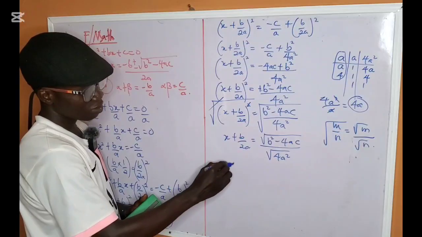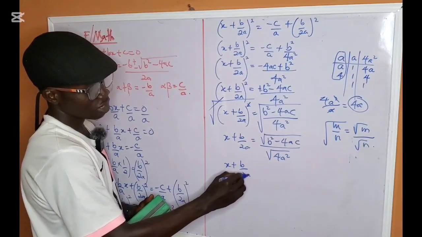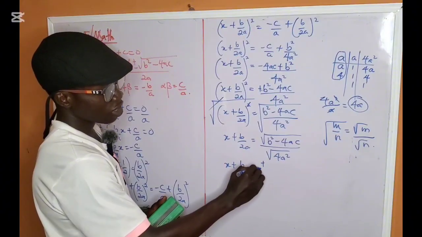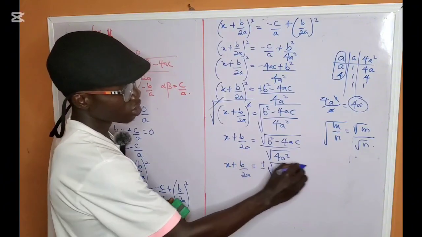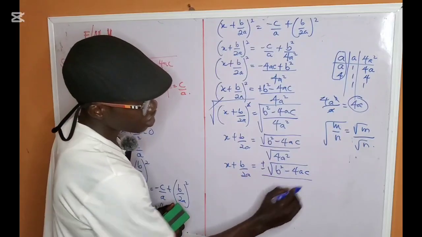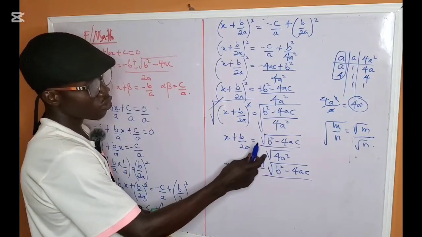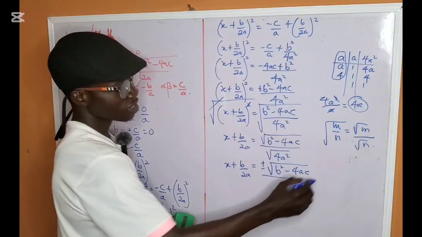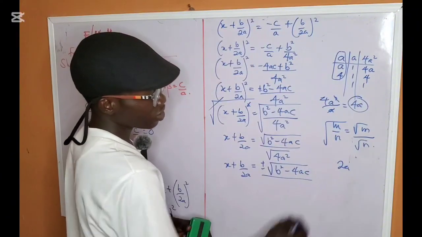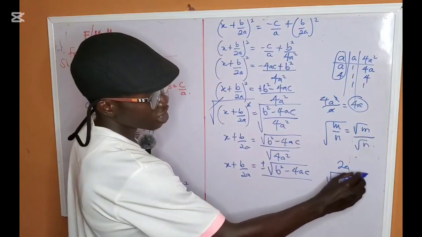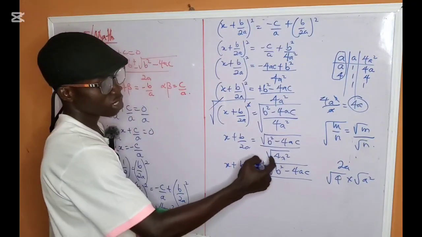So that will give us x plus b over 2a equals plus or minus, because we are looking for the square root, b squared minus 4ac over, now the square root of 4a squared is 2a. How do you get that? We got it from root 4 times root a squared. We can also distribute this square root.